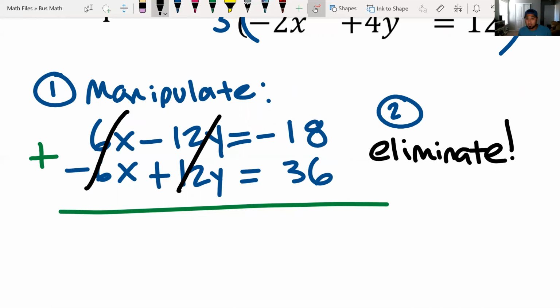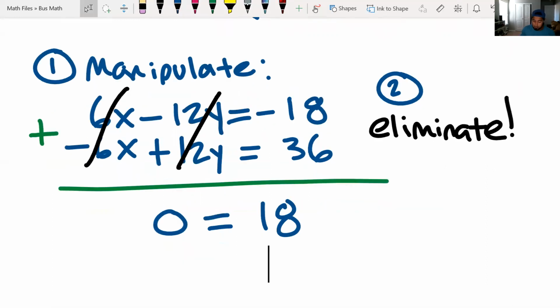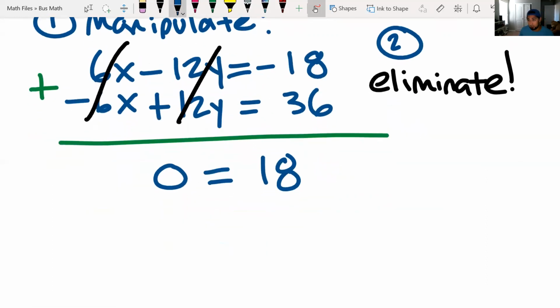If there's nothing on the left side, what number represents nothing? 0. Equal to -18 plus 36 is 18. Well, look what we ended up with. 0 equal to 18. Is that a true statement? That is definitely not true. I hope 0 doesn't equal 18, which means that this is no solution.